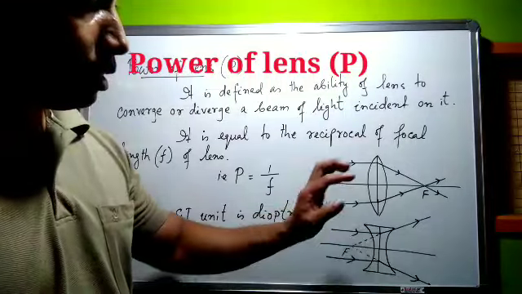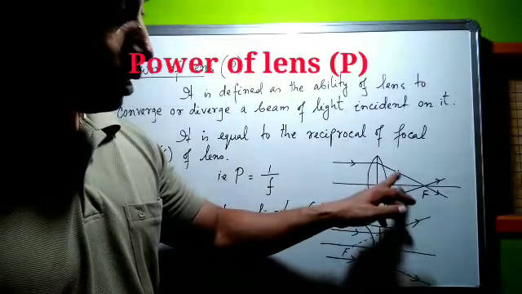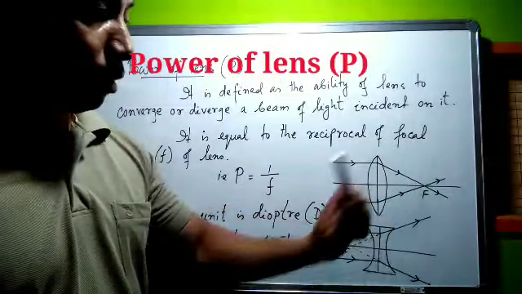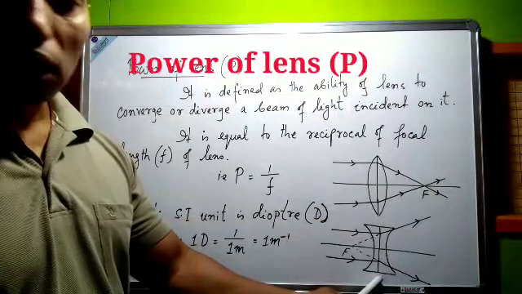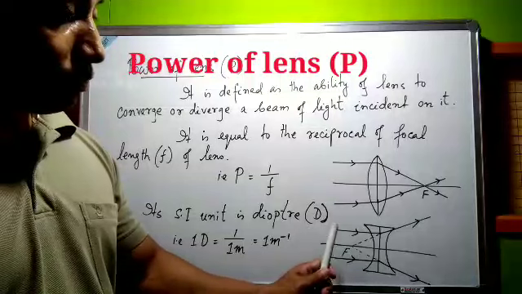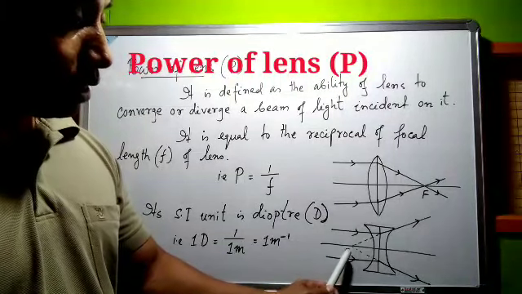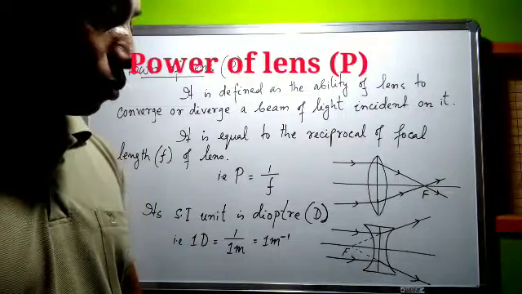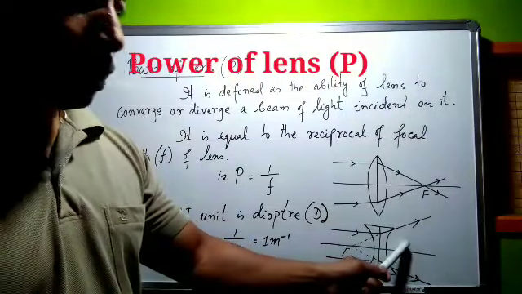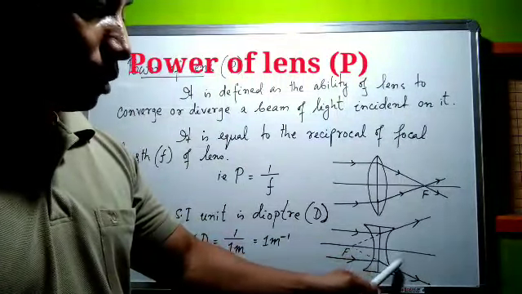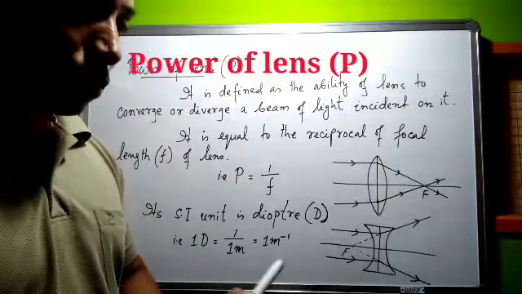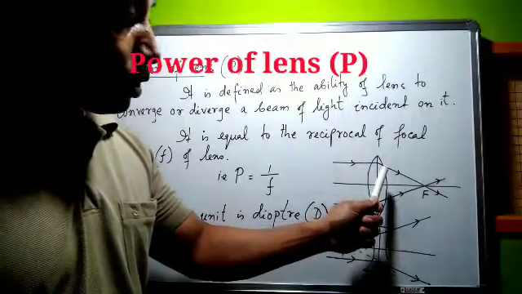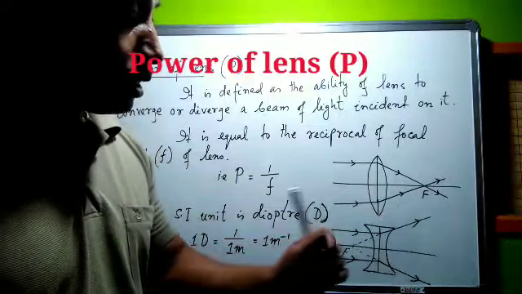After refraction, the refracted light rays converge at the focus. In figure number 2, for the concave lens, two parallel light rays incident on the concave lens diverge after refraction, but they appear to come out from the focus.